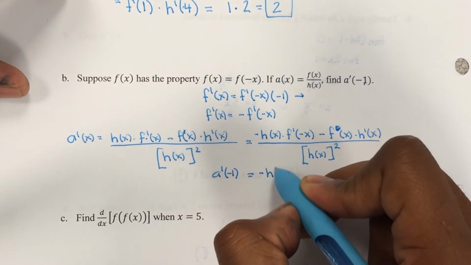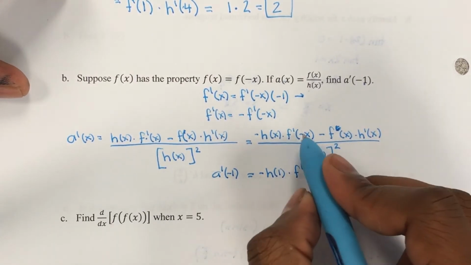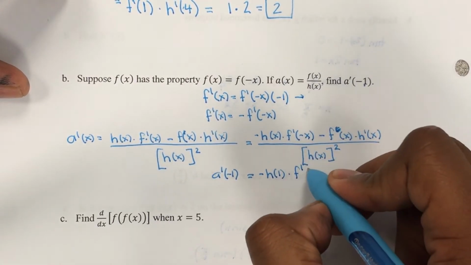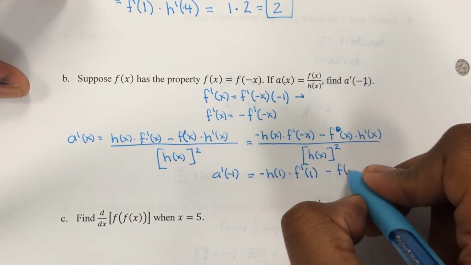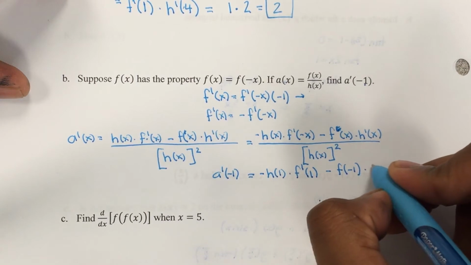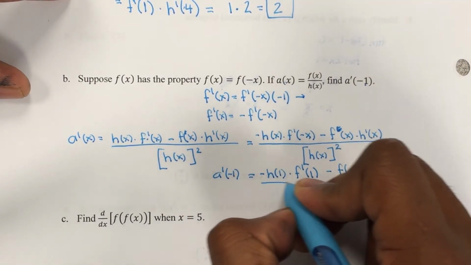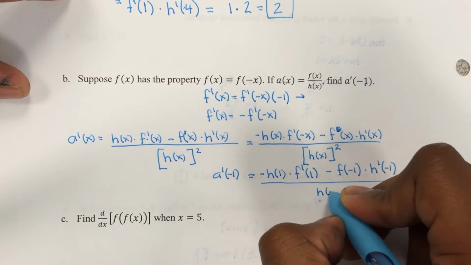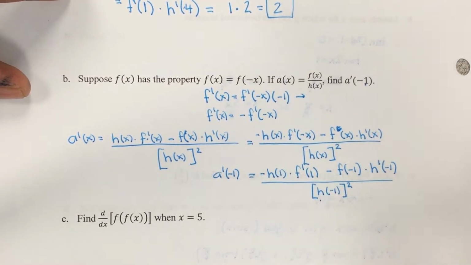And so if we substitute in, we're going to find a prime of negative 1. That's going to be negative h of negative 1 times f prime of, if x is negative 1, it's going to be f prime of 1, minus f of negative 1 times h prime of negative 1, over h of negative 1 squared.